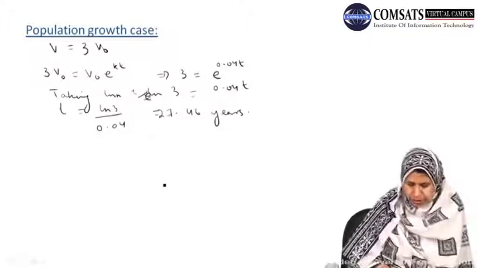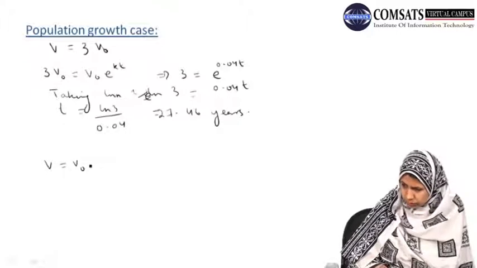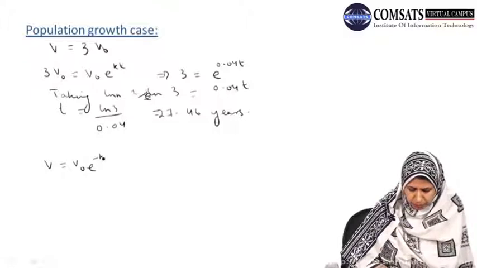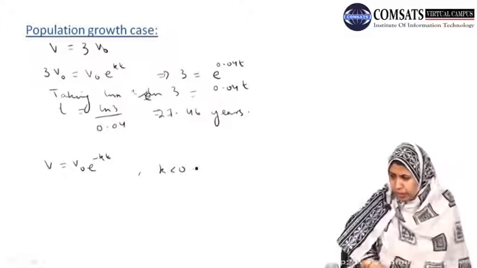tripled. Similarly, we can use the decay equation, V equals V naught into e to the power minus kt. K is negative, so this is a decay process.